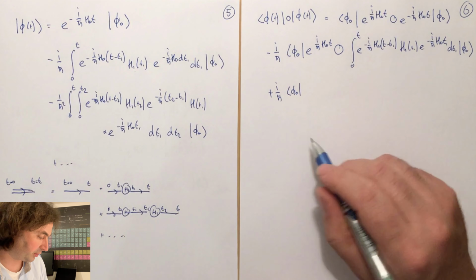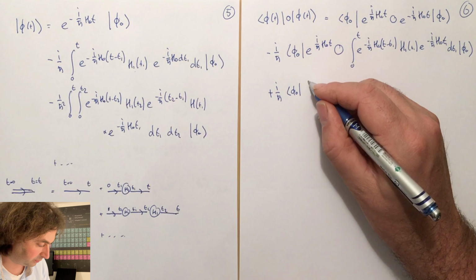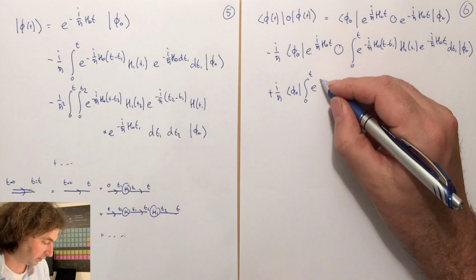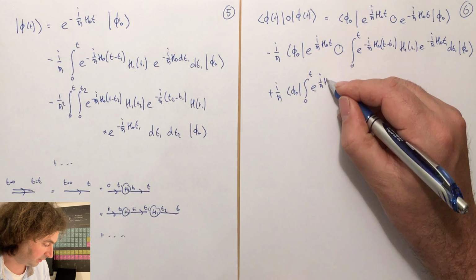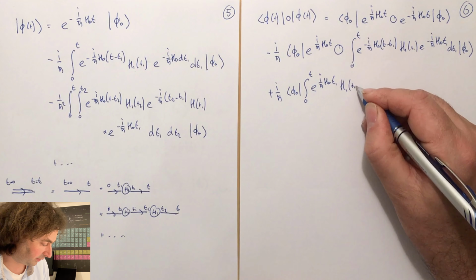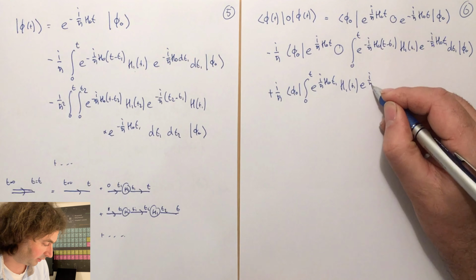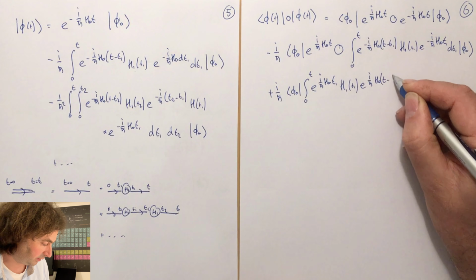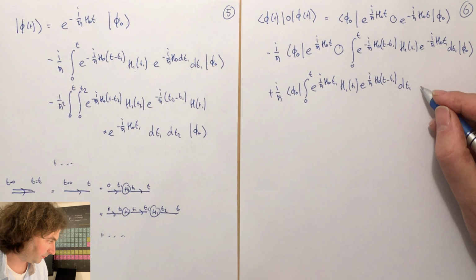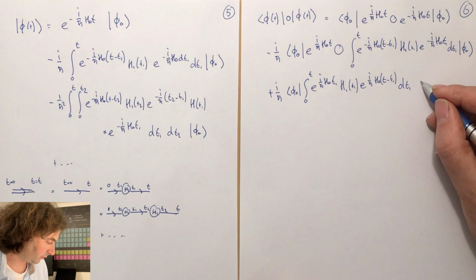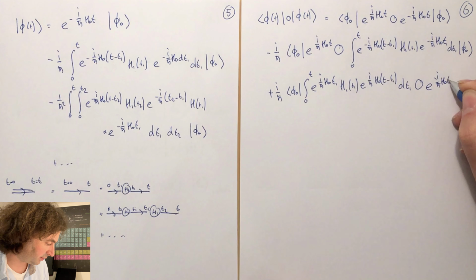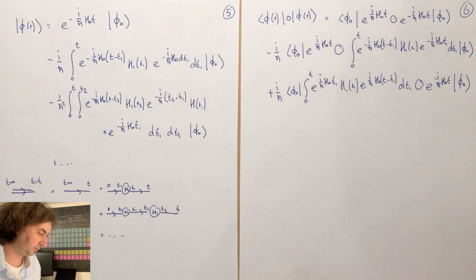And then we have the complex conjugate, so we have here the plus i over h bar integral from 0 to t e to the i over h bar h0 t1, h1 at t1, e to the i over h bar h0 (t minus t1) dt1, O e to the minus i over h bar h0 t psi 0.